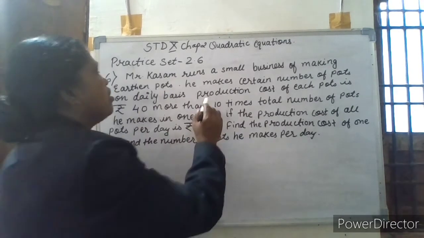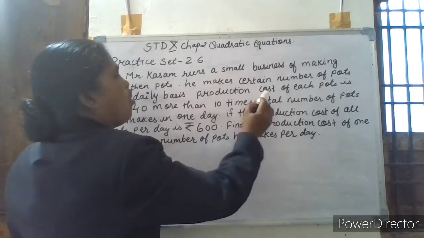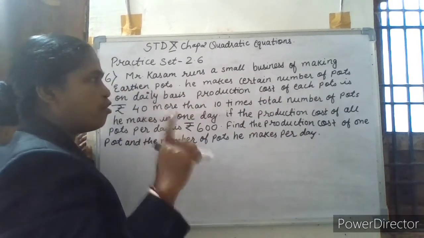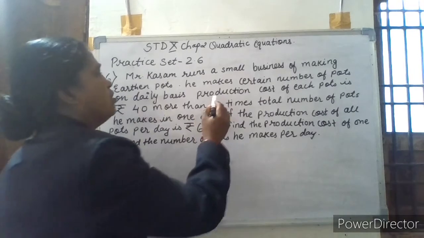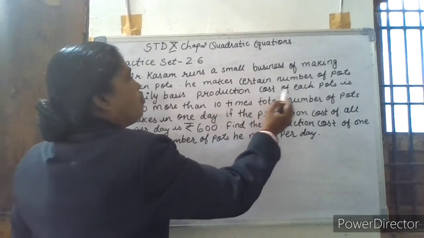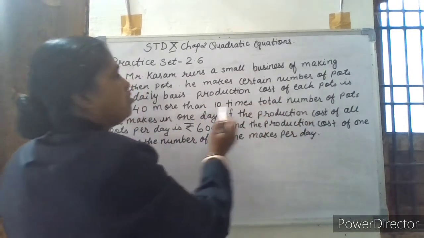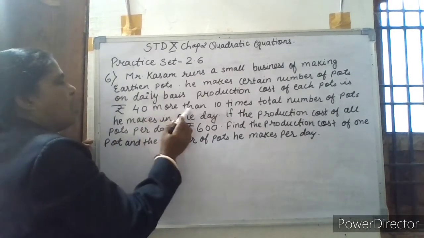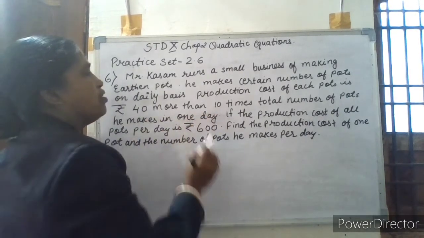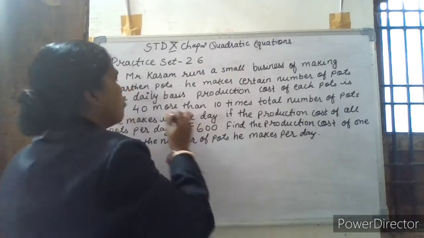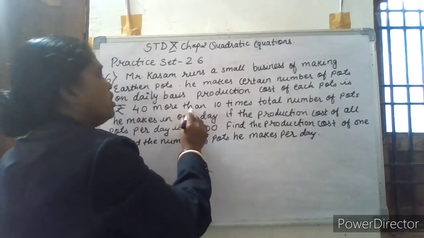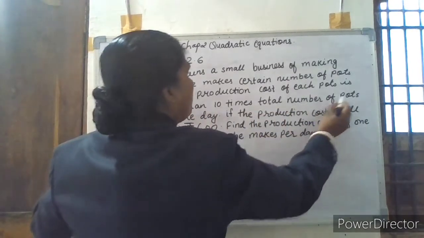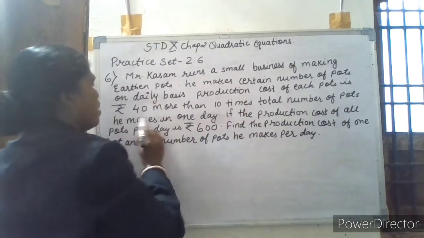Production cost of each pot, means the production cost of one pot, is rupees 40 more than 10 times the total number of pots he makes in one day.